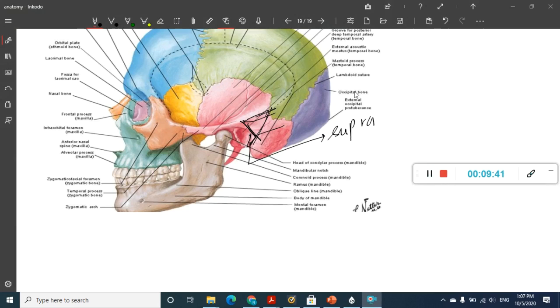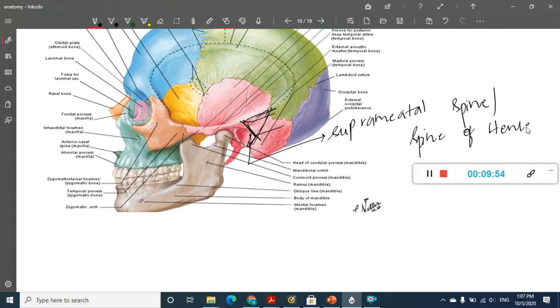This is called the suprameatal spine, or we can also call it the spine of Henle.